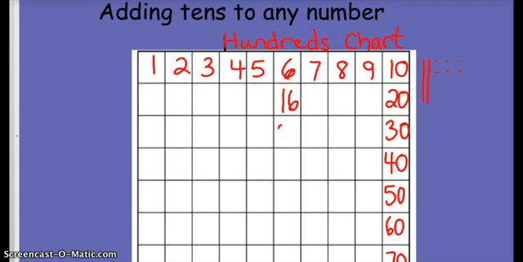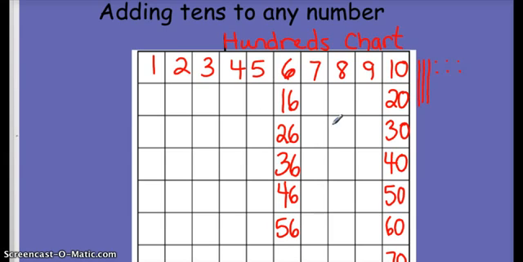That 6 is not changing. It never goes anywhere. If we add on another 10, again, the 6 is not changing. We're now at 36. Well, I wonder if we can predict what would happen without drawing a picture. If we add on 10, that would get us to 46, 56.